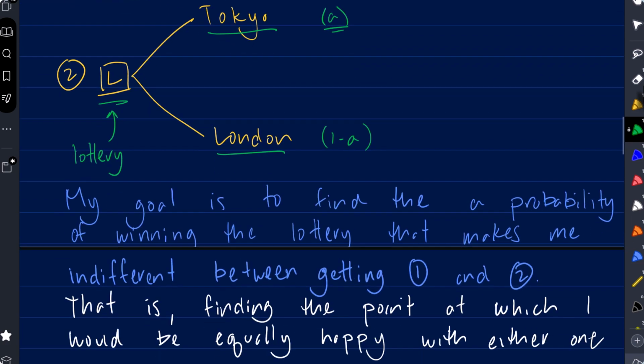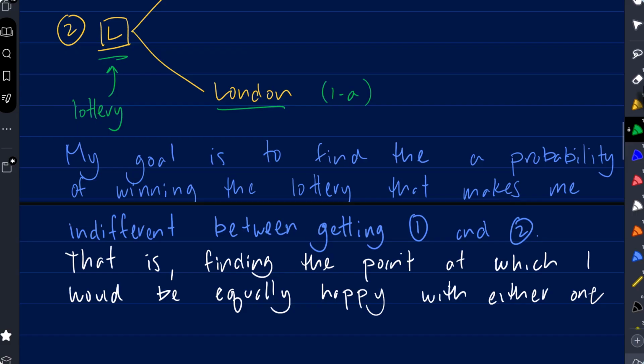It makes me indifferent between my two choices. Or, in other words, I want to find the point at which I would be equally happy with either one.